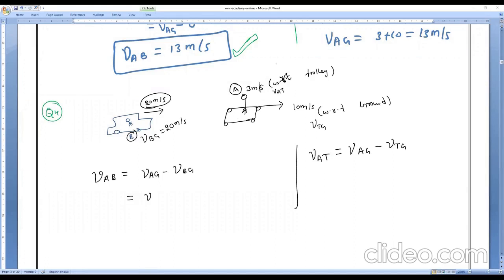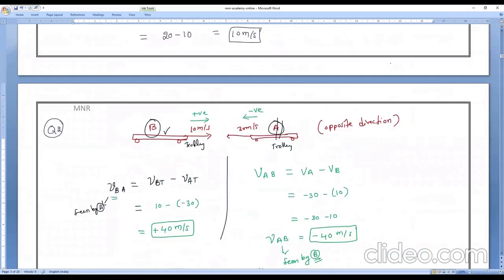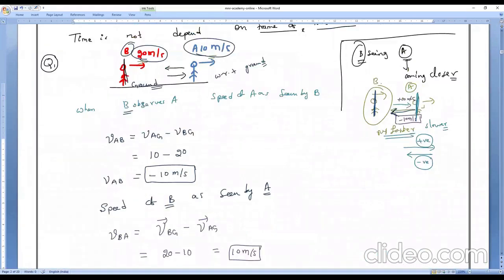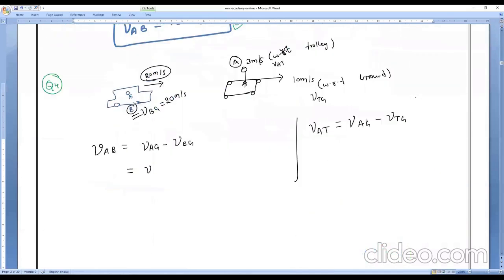Now, can you tell me, if B is observing A, does A appear to be coming forward or backward? Remember the first three cases. In this case, B is traveling faster, A is traveling slower. So does A appear to be in the forward direction or backward direction?